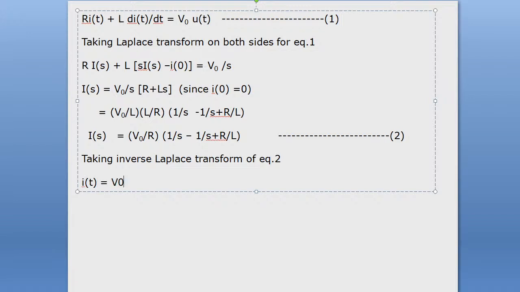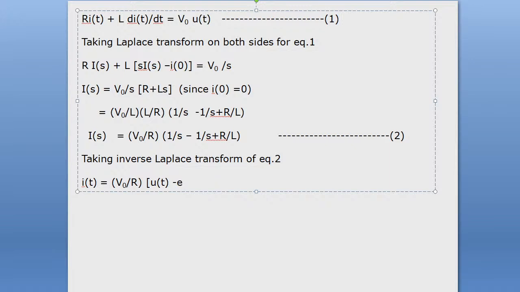V naught is our constant term, so it will be the same, V naught by R. You take this factor within a bracket. And this will give you the unit step function u of t minus the inverse Laplace transform. You know that the Laplace transform of e to the power minus at is 1 by s plus a.